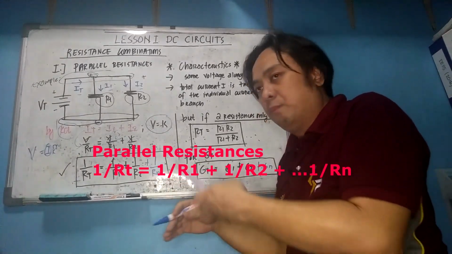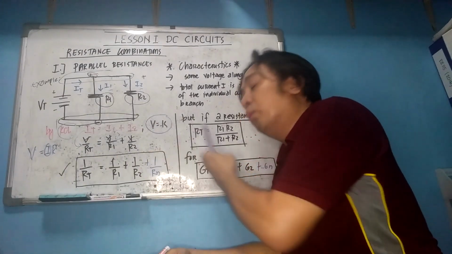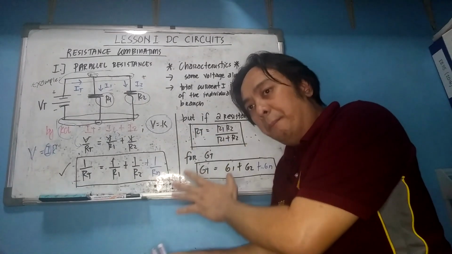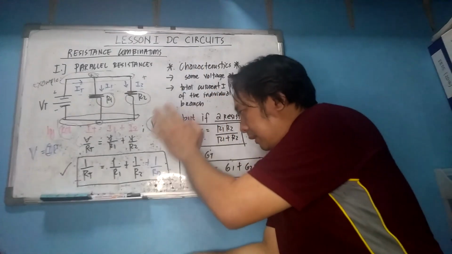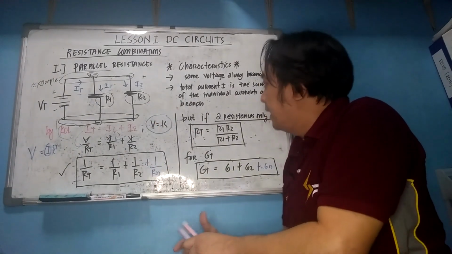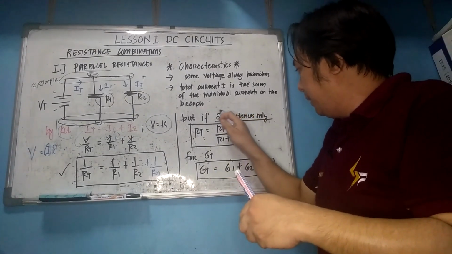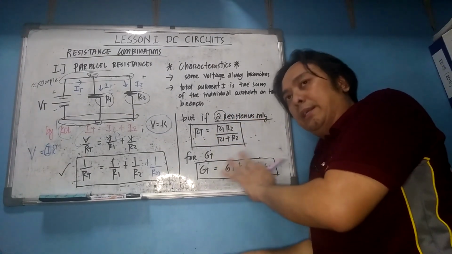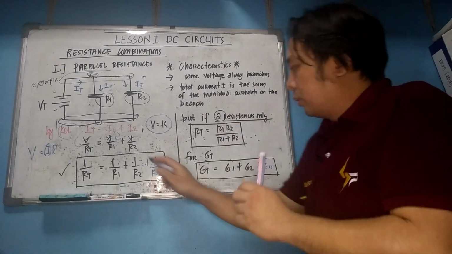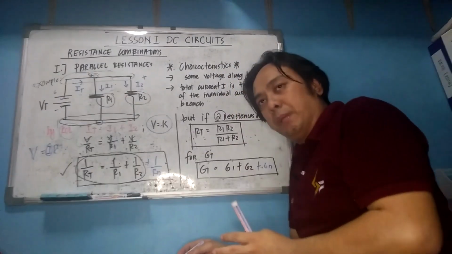So if you have 6 resistances, 1 over R1 plus 1 over R2 plus 1 over R3 up to 1 over R6. So this is very familiar, looks the same as the total conductance formula from our last slide. And hence, if you have only 2 resistances here, this is a main formula for shortcuts on some of the problems. If you have 2 resistances connected in parallel, go back here and then use a little bit of algebra.